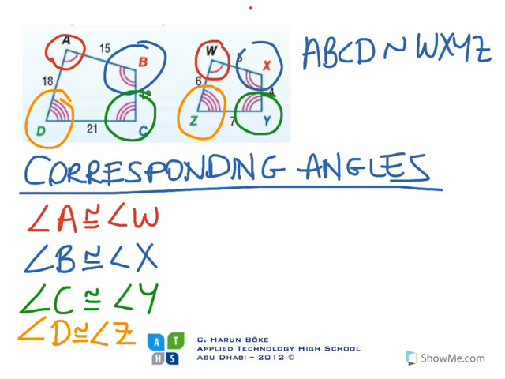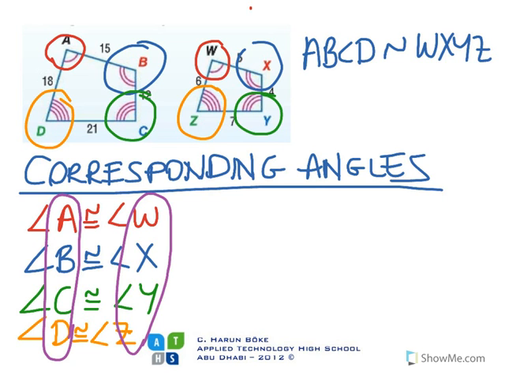Now, if you look at the written statements here, you will see that we have the name of the quadrilateral ABCD corresponding to the name of the second quadrilateral here. So ABCD is similar to WXYZ. So we just go like this.